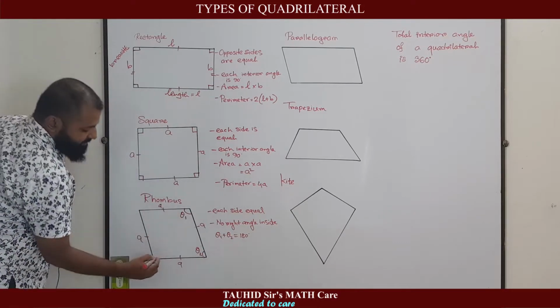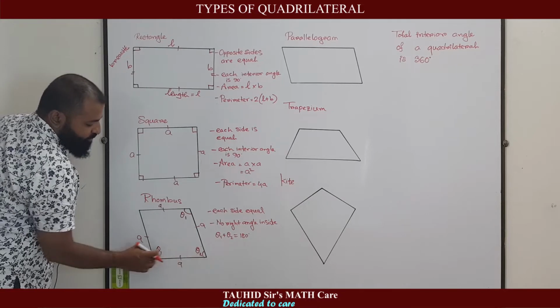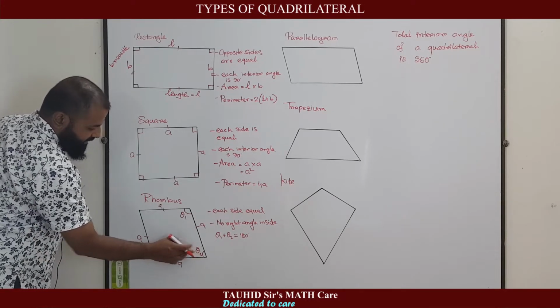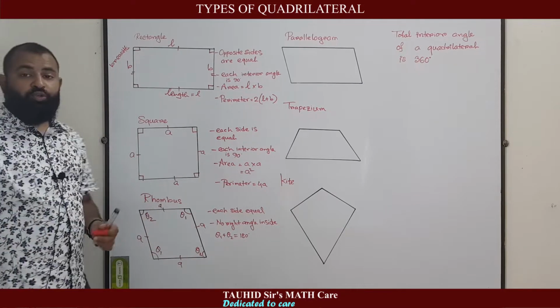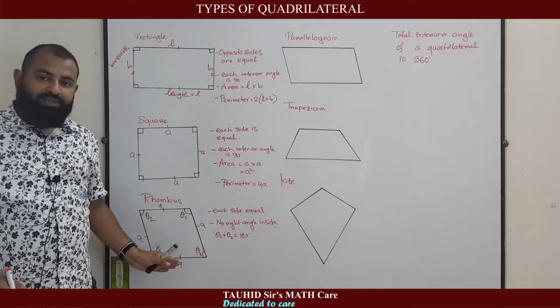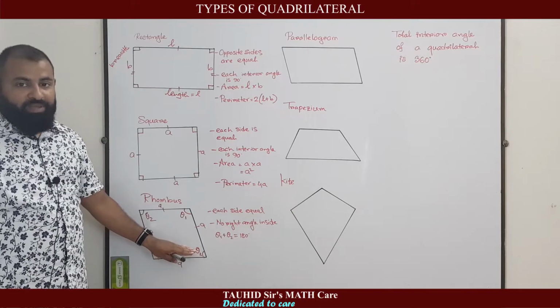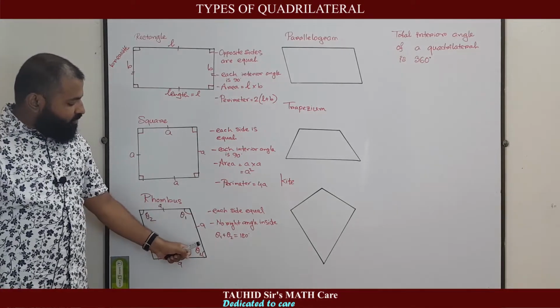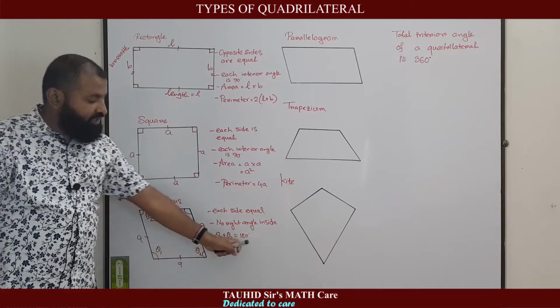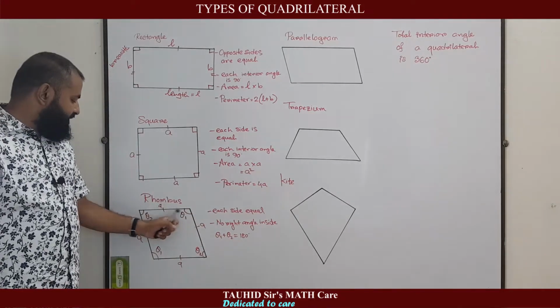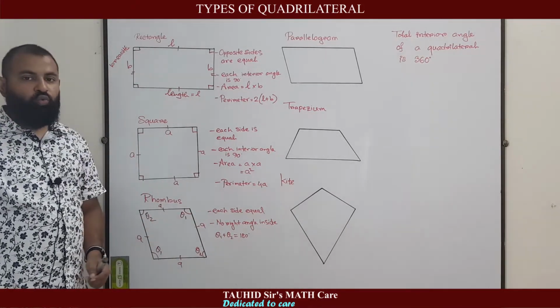And if this angle is theta 1, this is also theta 1. Opposite angles are the same. If this angle is theta 2, this is also theta 2. Opposite angles are the same but not 90 degrees. And adjacent angles are supplementary. That means if we add two adjacent angles, theta 1 plus theta 2, we will get 180 degrees.